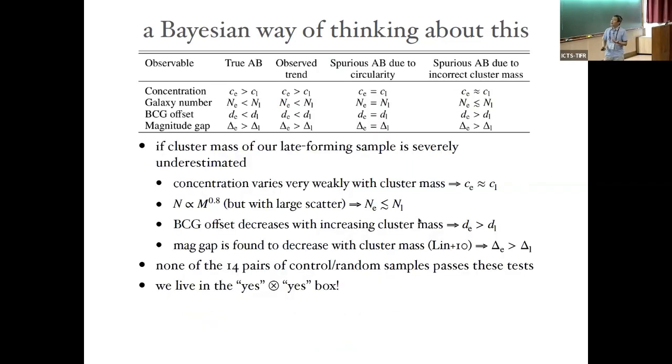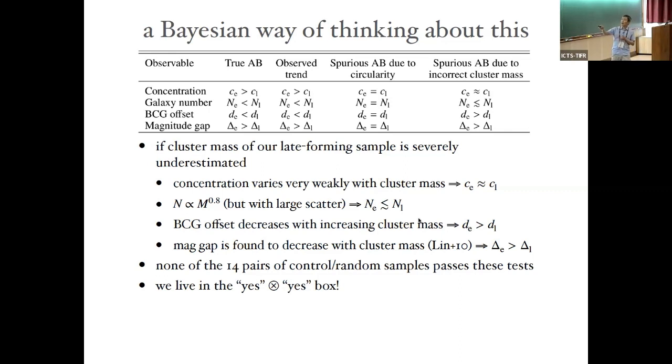And finally, this last column shows the case when our late forming sample mass is significantly underestimated. Given the concentration varies only very weakly with cluster mass, we therefore expect the concentration of galaxies to be similar in early and late forming samples.